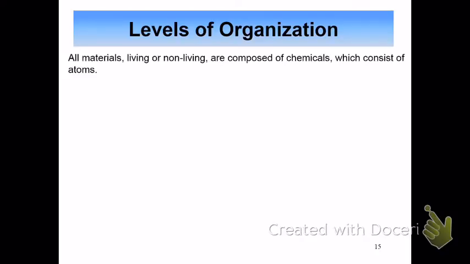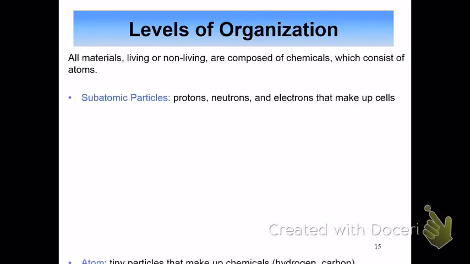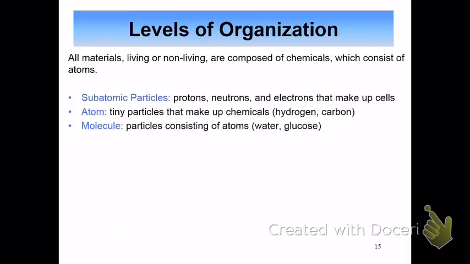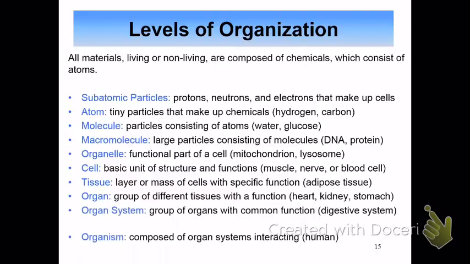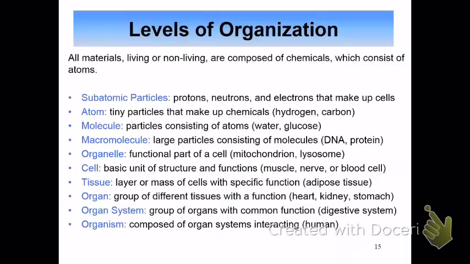Okay. What's the smallest thing? What's the biggest thing? Right? What's the levels of organization? And so this is just from smallest to largest. They used to say that an atom was the smallest thing, not living, smallest thing ever.